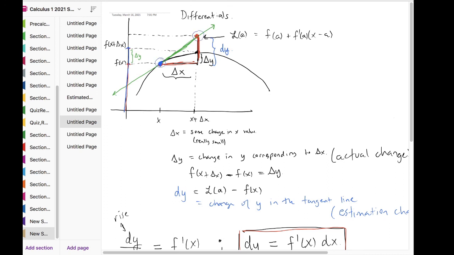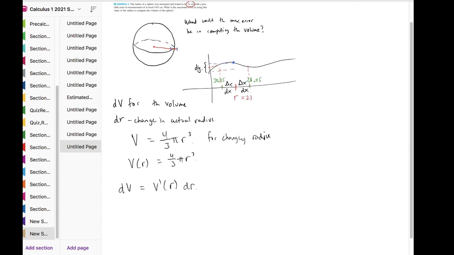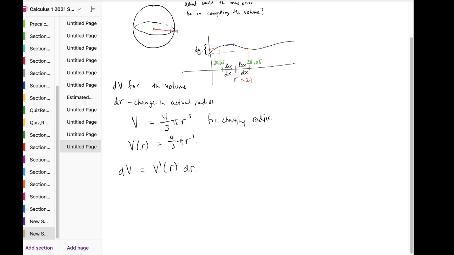This is the error in x, and then using the derivative, this will be our error in y, where the actual change is always going to be smaller. So how do we find the derivative of this? What's V prime?